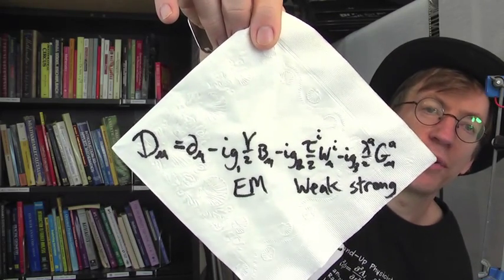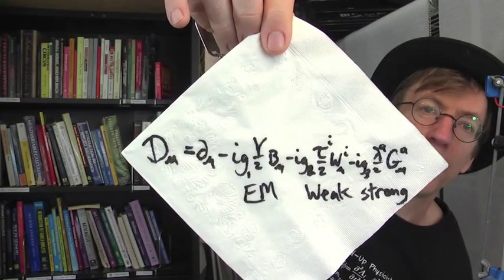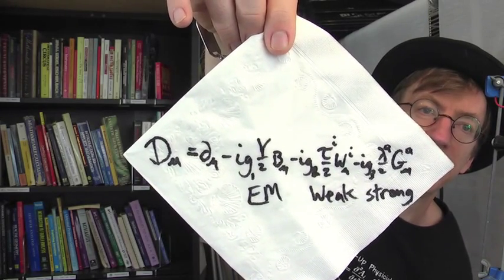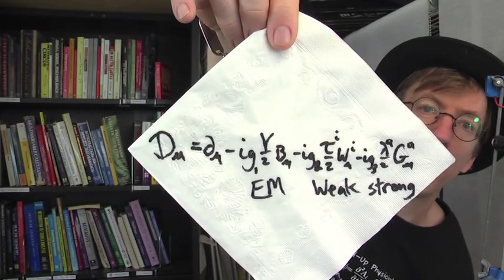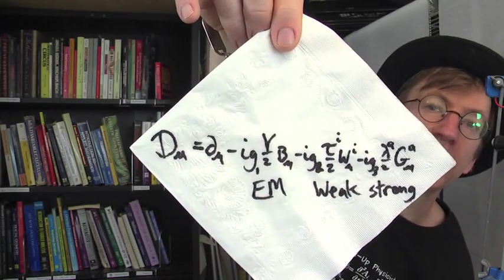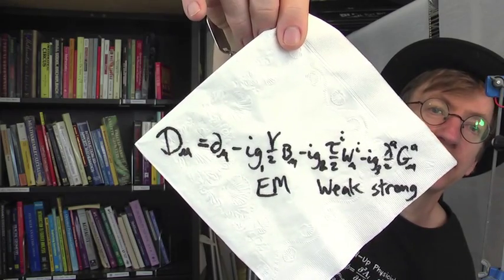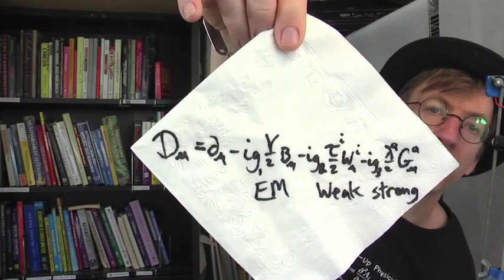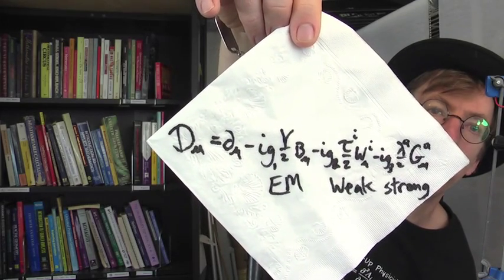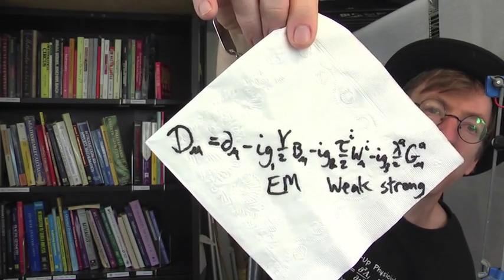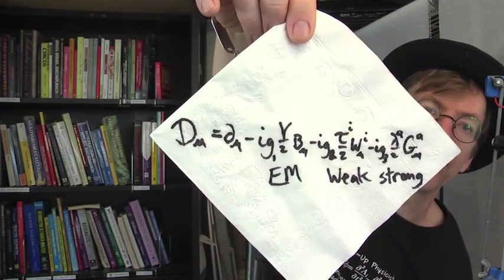I'm not going to go into too much detail, but there are things like current coupling constant, that's the G, and then the Y there, the tau, and the lambda. Those are generators of group symmetry, fancy name for things that do the work of U1, SU2, and SU3. And then those B, W, and G, those are actually potentials with different numbers of things in there.